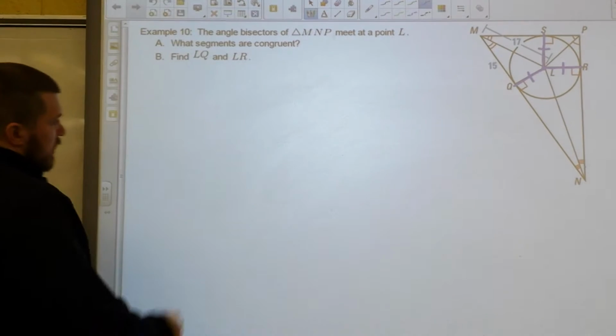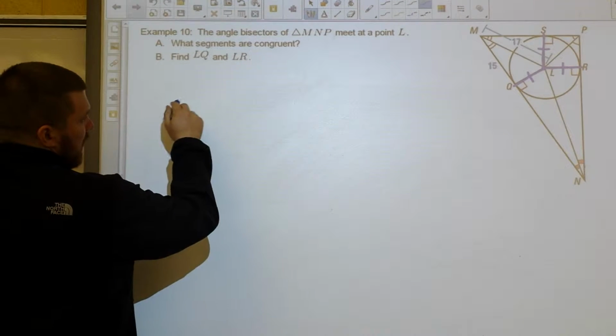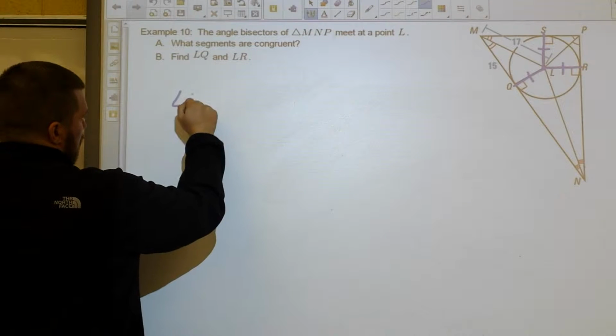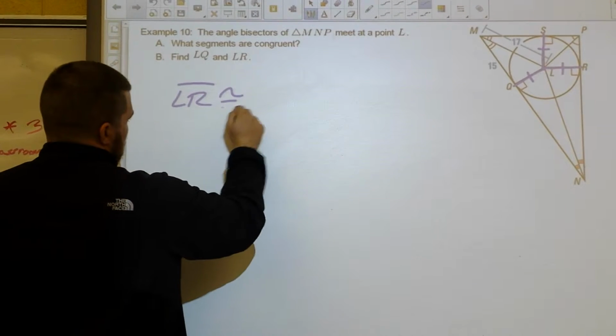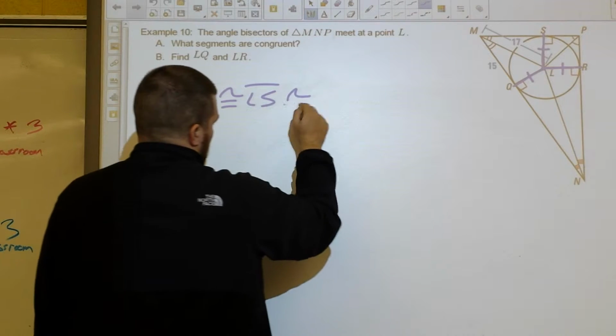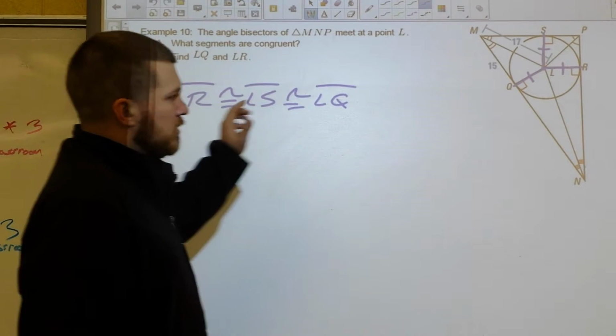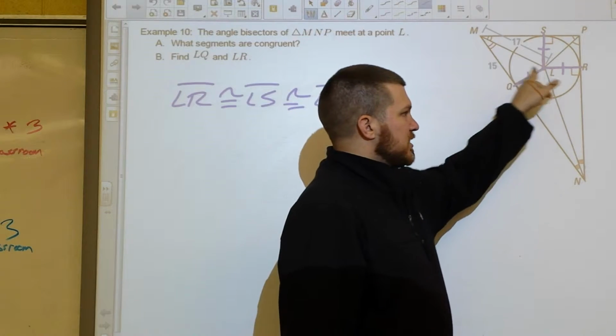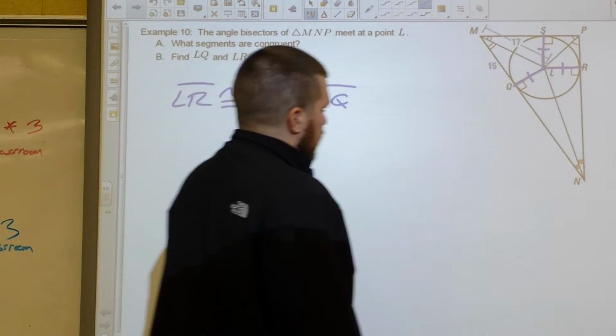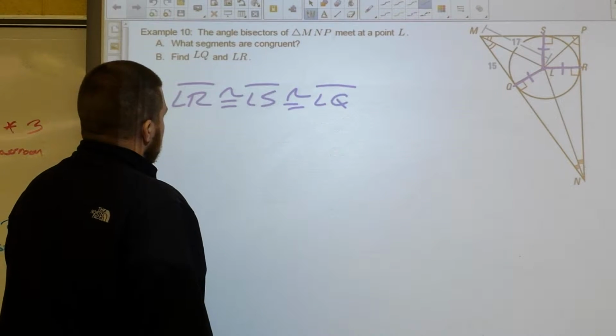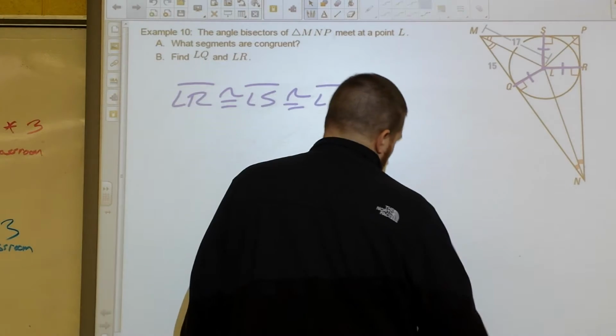We have that LR is congruent to LS is congruent to LQ. Again, point L is an incenter, which means L is the exact same distance from all three sides of the triangle. Now we want to find the distance LQ and LR.